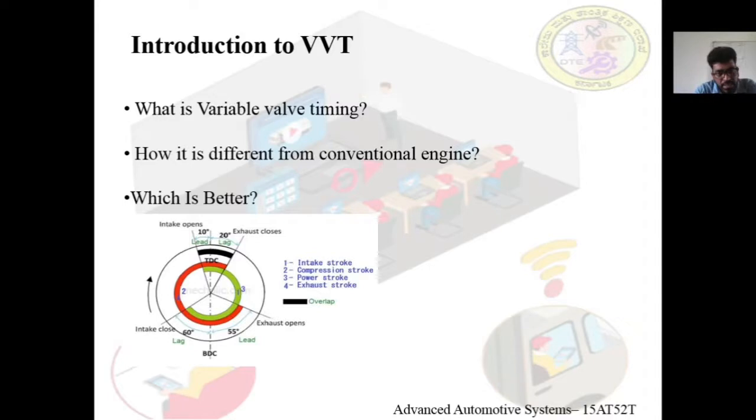As the speed changes, the valve opening time changes in the variable valve timing system, advancing or retarding for low speed, and for high speed it may open in advance. By this, we can obtain higher engine performance and lower emissions.